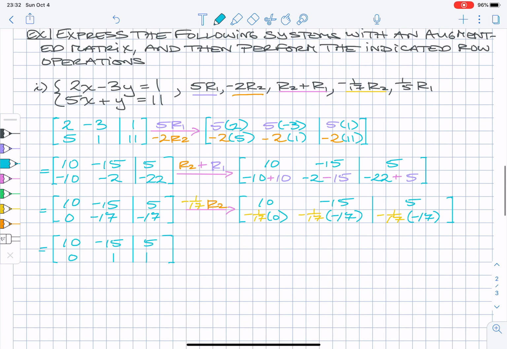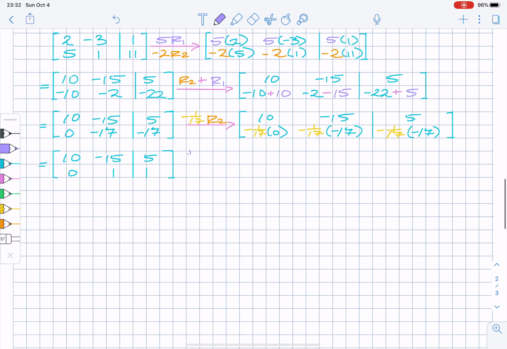Okay, so what's the next step? The next step is to do 1/5 of row 1. So we have 1/5 times 10. We have 1/5 times negative 15. Augment.